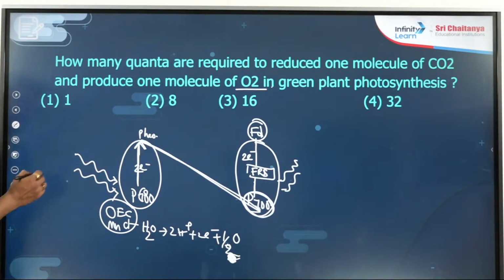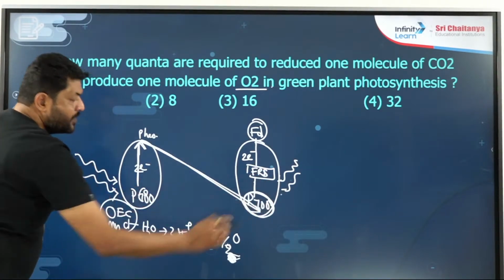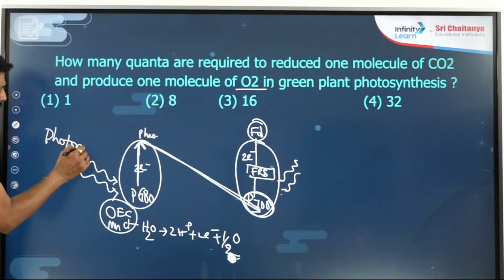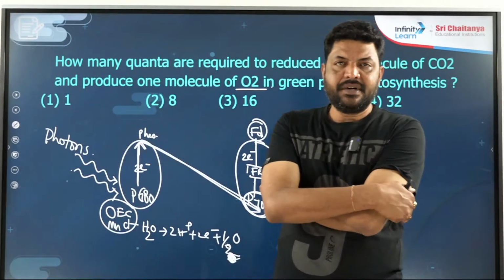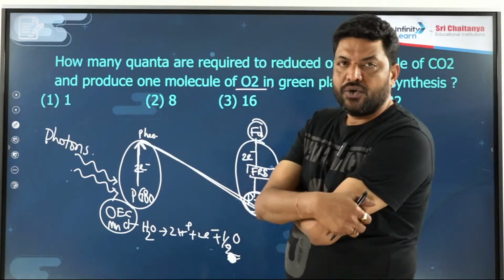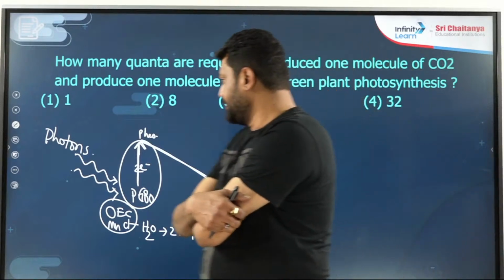So you can observe here 1, 2, 3, 4: 4 photons of light. How can you define a photon of light? The quantum of light energy that is required for the excitation of the outer valency electron in the chlorophyll molecule.